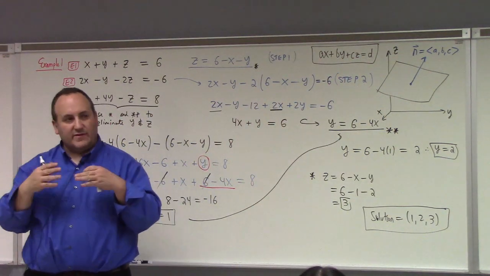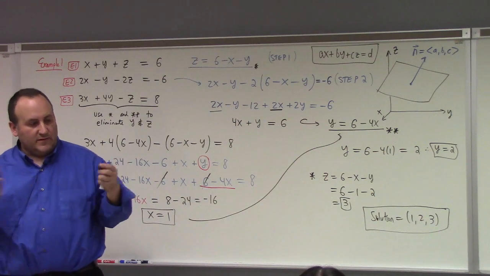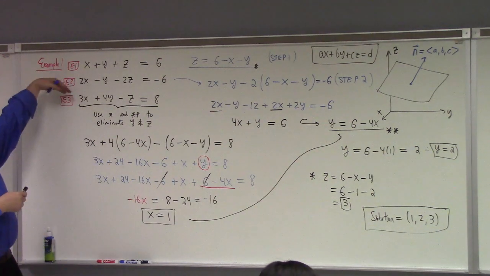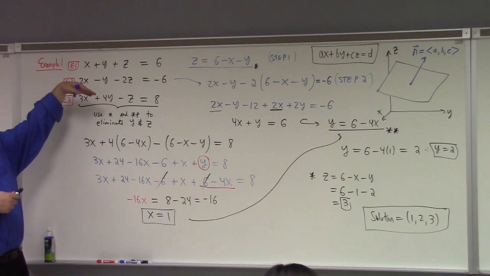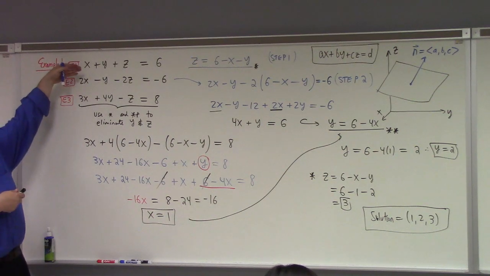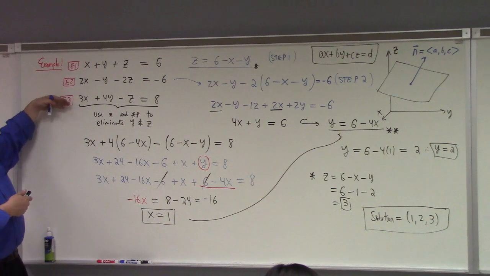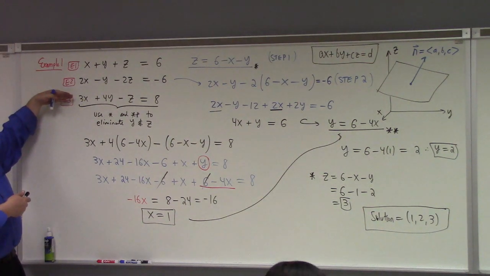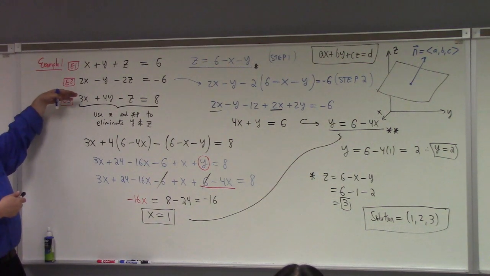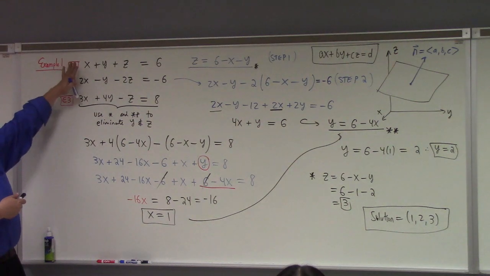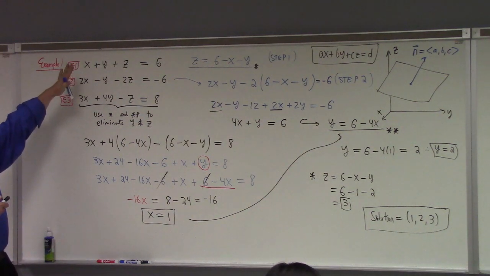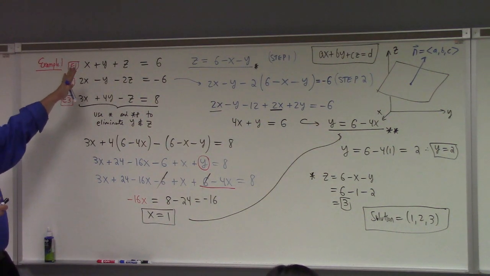That plane has normal direction ABC. That's it. So each one of these equations corresponds to a plane. Equation 1 is a plane with normal 1, 1, 1. Equation 2 is a plane with normal 1, minus 2, minus 2. Equation 3 is a plane with normal 3, 4, minus 1. And what we're finding is a point which is on all 3 planes.